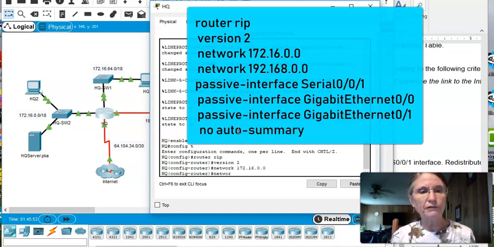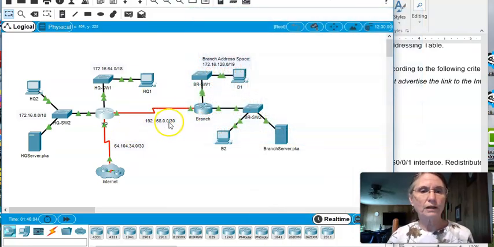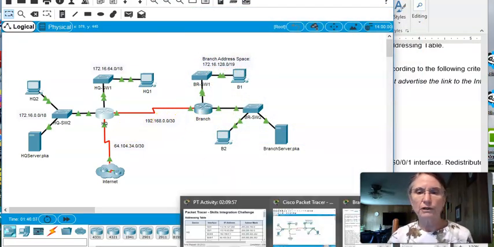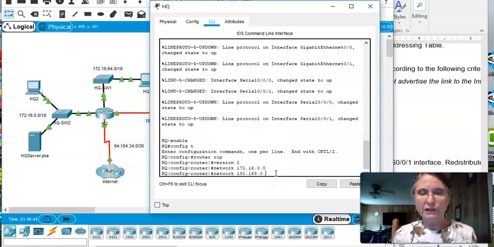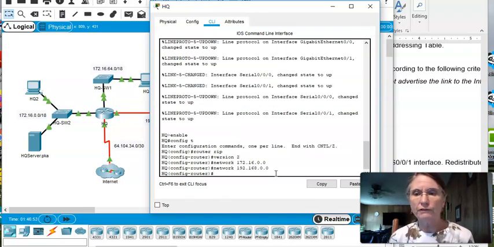We will also advertise 192.168.0.0, so we complete the address specification for the network along the serial link. We do not want to advertise the network connected to the internet, so we will not mention the 64 network.